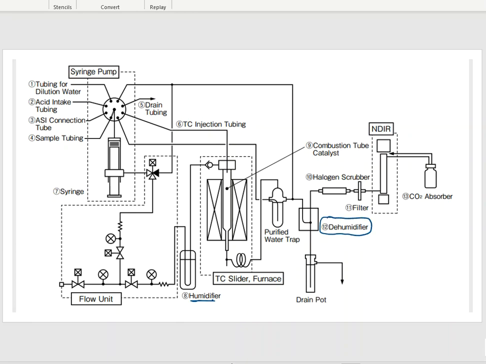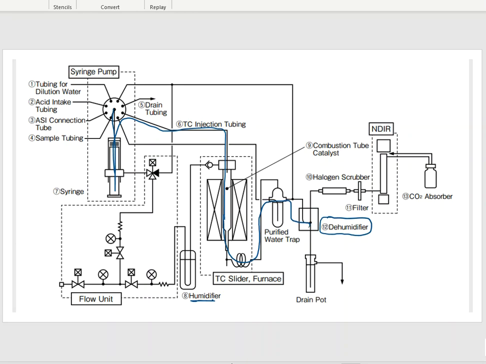So if we kind of track through the sample, here's the 8-point valve that goes into the syringe, then that goes into the combustion tube with the catalyst. CO2 is produced here. CO2 goes through this, what we call a purified water trap, and then it goes into the dehumidifier box.